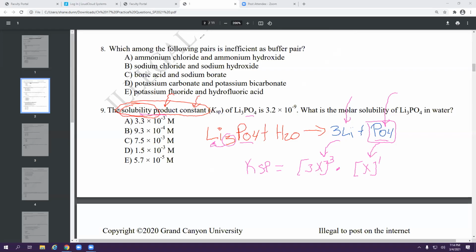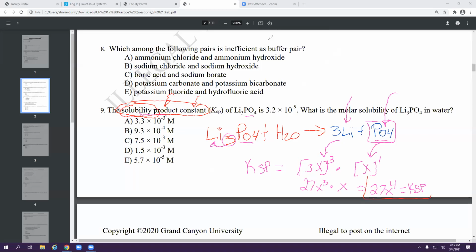What is 3x cubed? What is 3 cubed? What is 3 times 3 times 3? 27. 27x to the 3rd times x is what? 27x to the 4th power is equal to Ksp. It gets weird. That's the best way of explaining it.